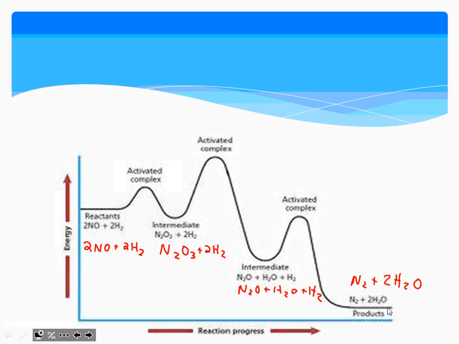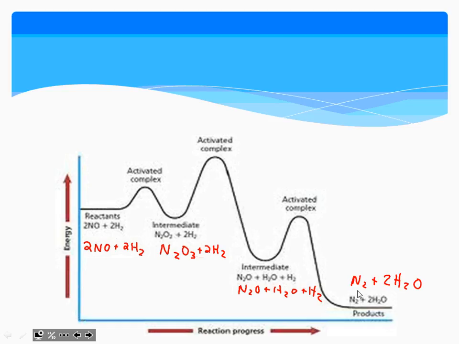All right, so let's look at this right here. Here are my reactants: 2NO plus 2 molecules of hydrogen. The final product, once I get that, is going to be a molecule of nitrogen and 2 water molecules.